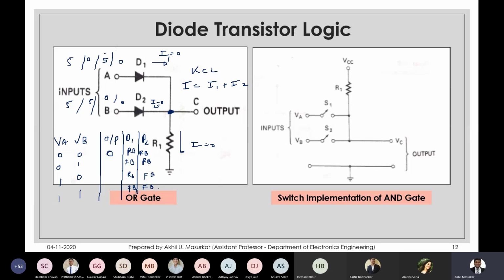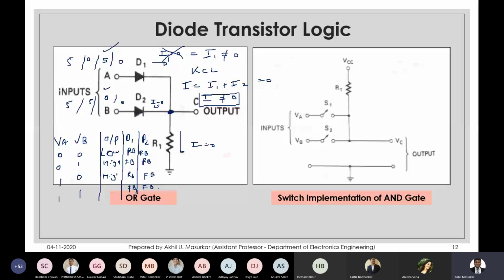But in the second case, some current flows, so I1 will not be 0, and hence I will also not be 0. That is why some voltage will drop here, and that will give me a high output.